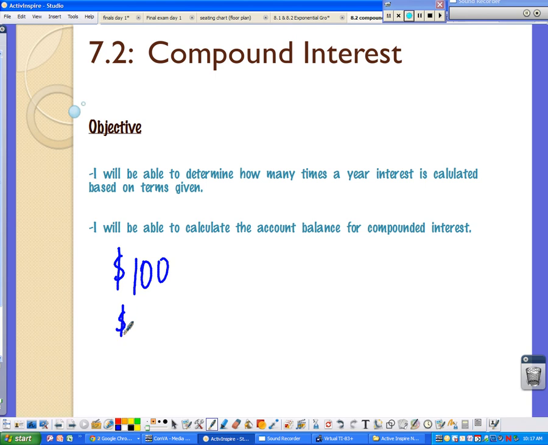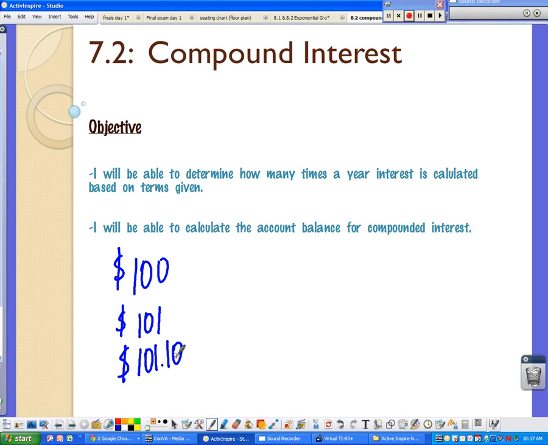So they deposit $1 into that account, and now your account balance is $101. Then that $101 stays in there for a specified amount of time, and then they pay you interest again. The interest they pay you now is on $101, and a penny, or 10 cents. So this thing starts growing exponentially.